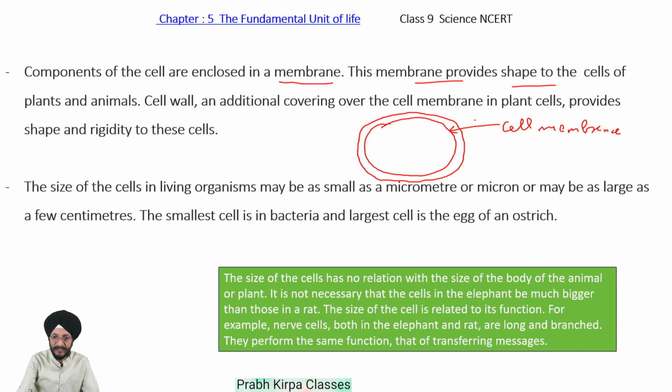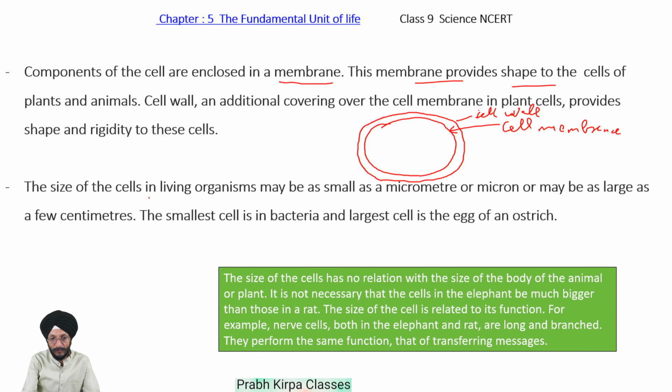This is known as cell wall. Cell wall is not found in the case of animal cells. The cell wall, an additional covering over the cell membrane in the plant cells, provides the shape and rigidity to these cells.